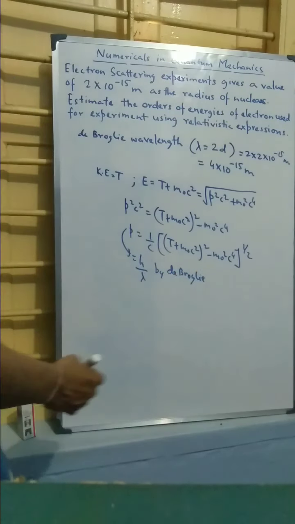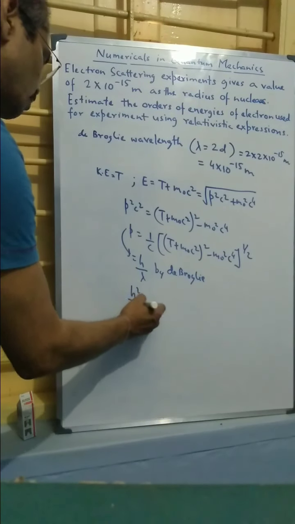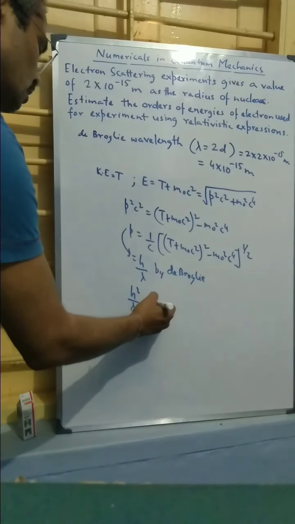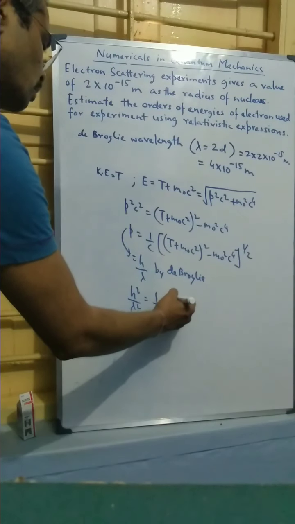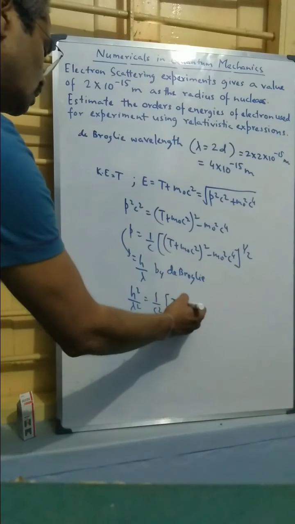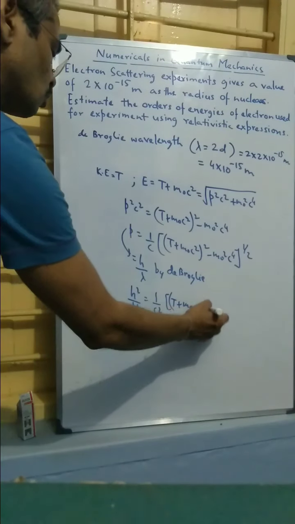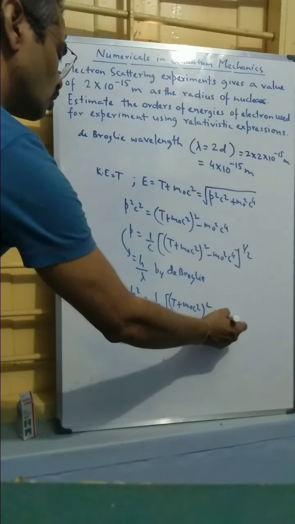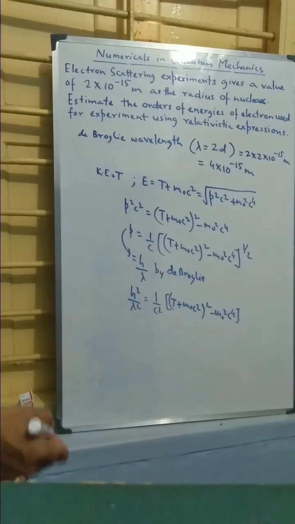So we can say that h square by lambda square is equal to 1 by c square times T plus m naught c square whole squared minus m naught square c to the fourth.